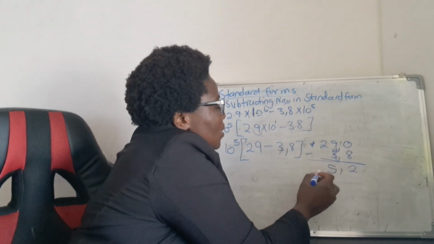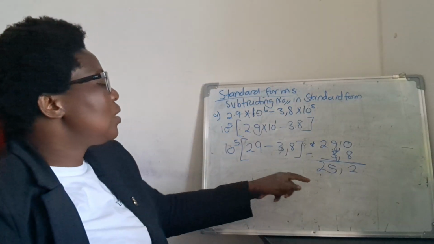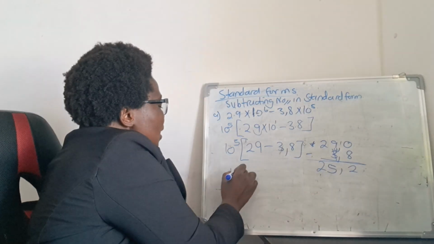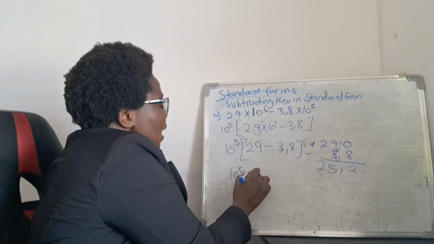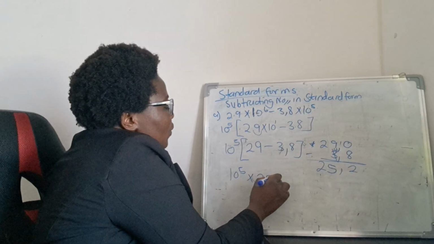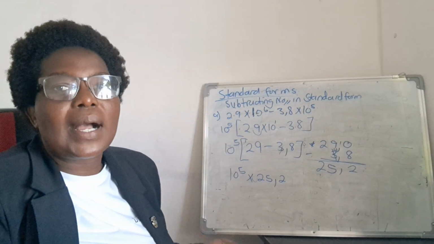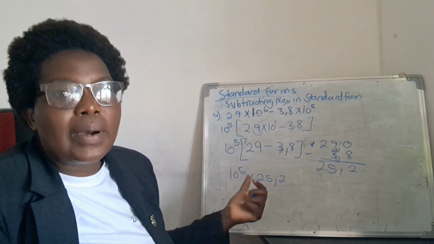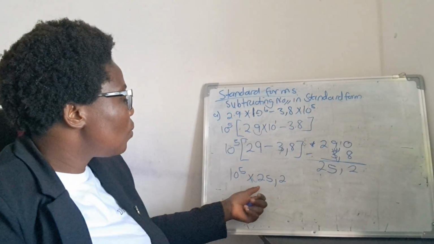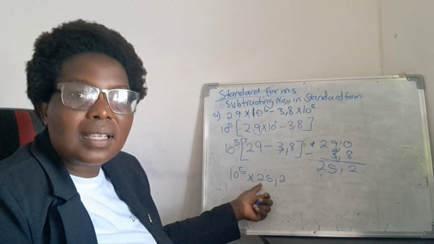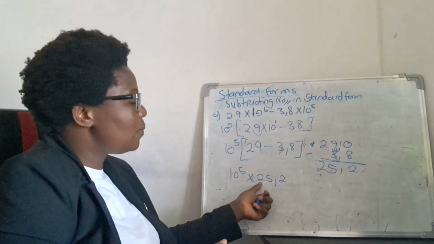And 2 minus 0, that's 2. So in short, our answer will be 10 to the power of 5 times 25.2. Remember, we want to leave our answer in standard form, in multiples of 10. So therefore, 25.2, yes, it can also be divided by 10.